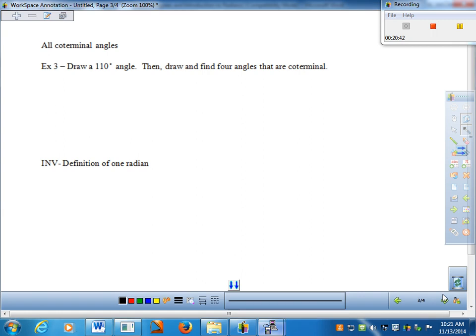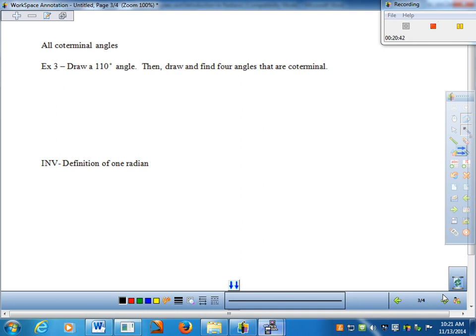So let's talk about numerically what that would look like. And hopefully you started to see the idea that really the difference for each of those coterminal angles is just based on full rotations. And full rotations, of course, would represent 360 degrees.